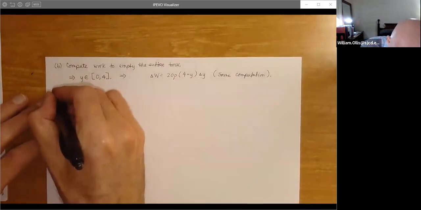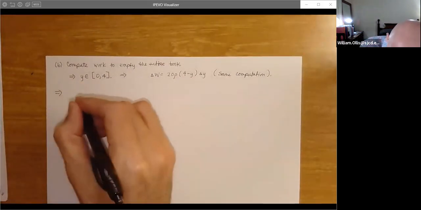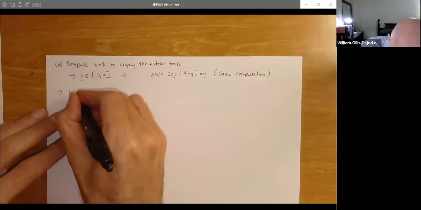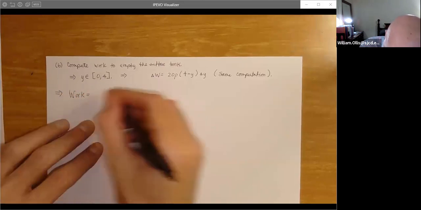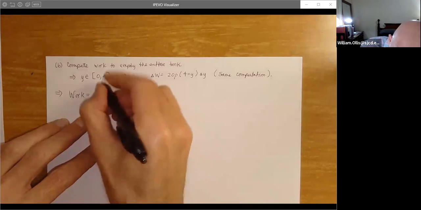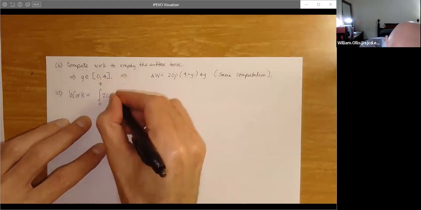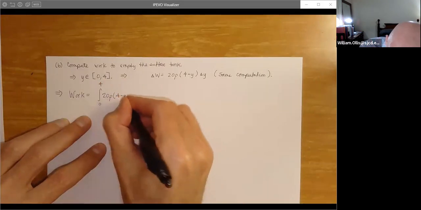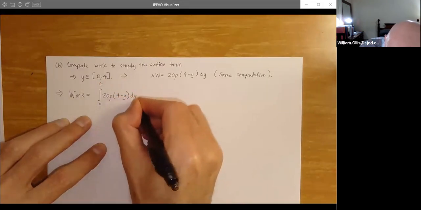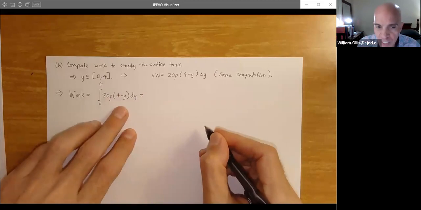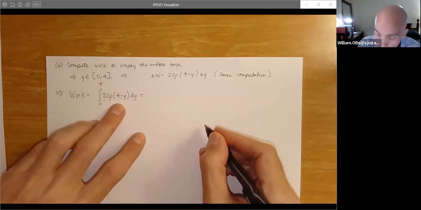So now this implies that the work will be the integral, in this case, from 0 to 4 of 20 rho (4 minus y) dy. And of course, we've seen this before, so we can go ahead and dress it up.